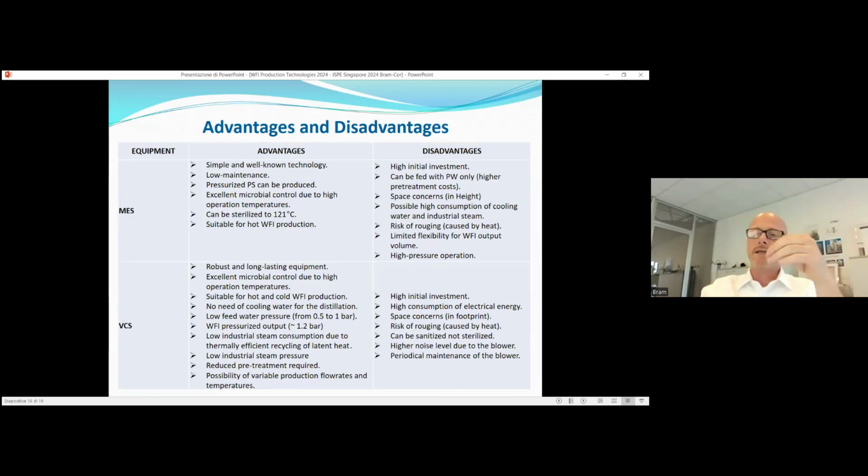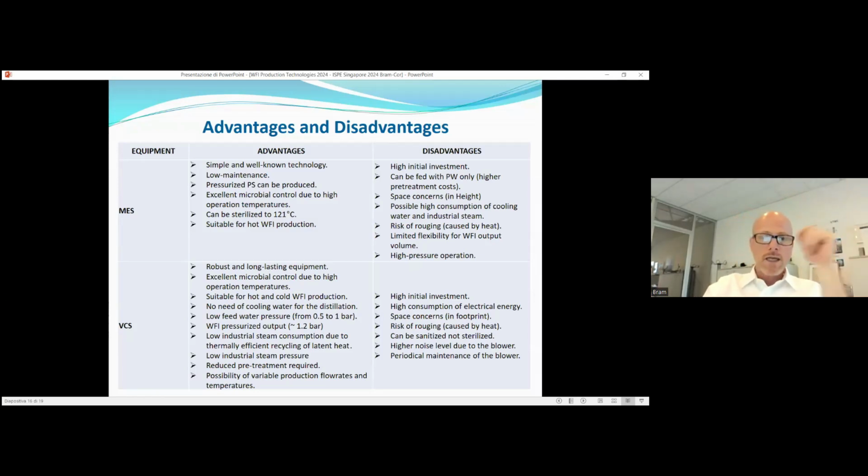As we said, it is a machine that works at very high temperature, so the risk of rouging is quite high, or higher than in other technologies. It's quite limited in case you want flexibility in the output volume, and it's a high pressure operation. So as we mentioned before, it is subject to regulation, for example PED in Europe, and ASME standards in the US.